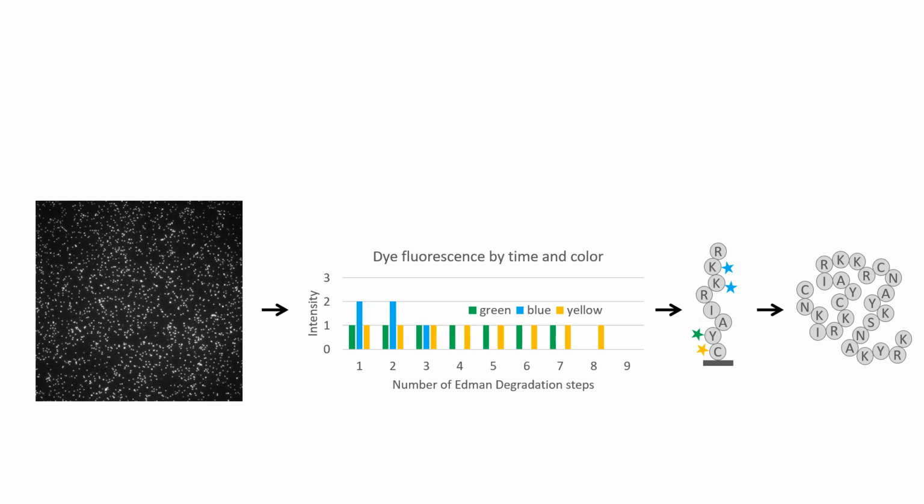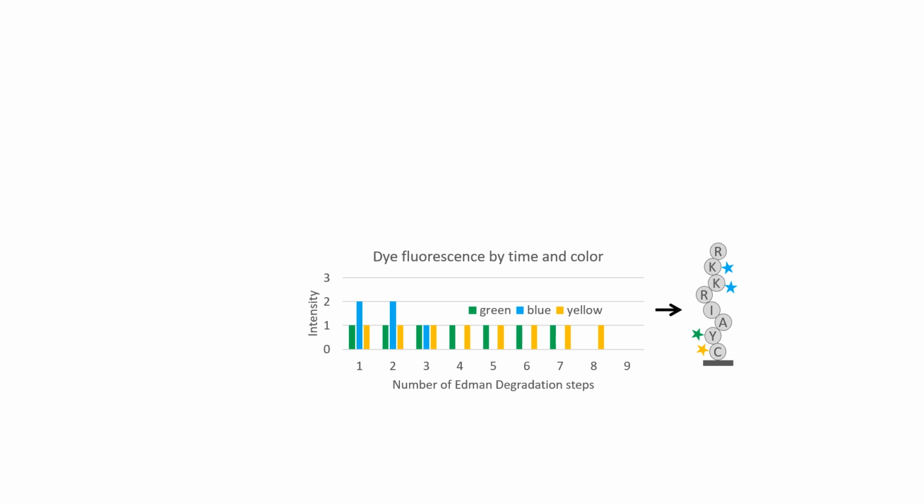And then from that, we want to find what is the peptide that produced this data. If we know the peptide, that hopefully tells us something about the protein that was in the original sample. Today we're going to be focused primarily on this second step, going from a read to finding the correct peptide.